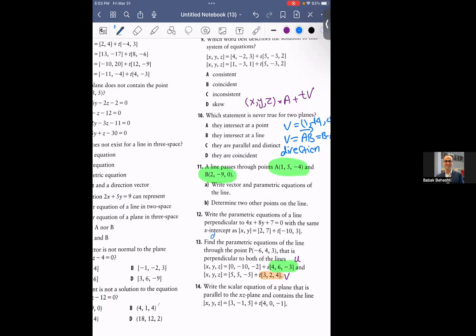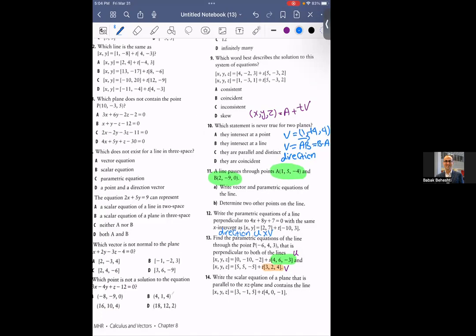So for question 13, the direction is given by u cross v. You have to compute u cross v. That is the direction vector. And then you have a point, and then you can write the equation of the line. Okay?